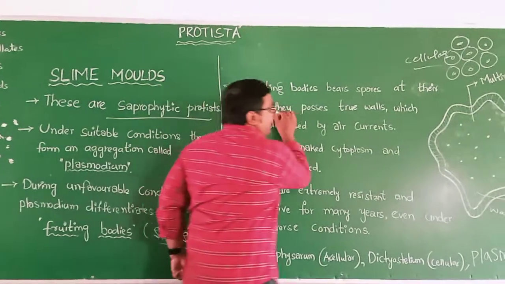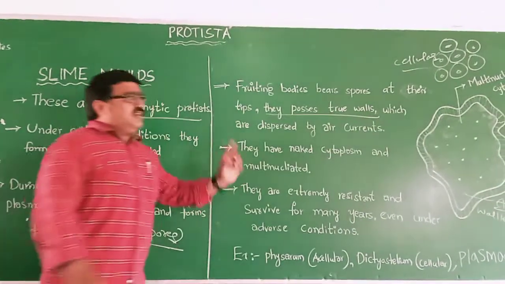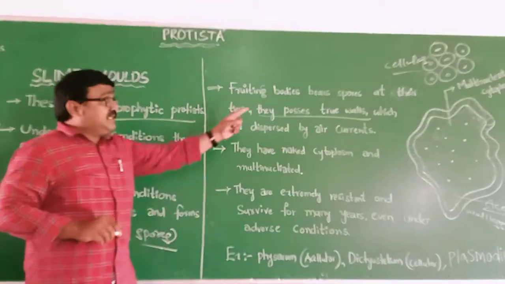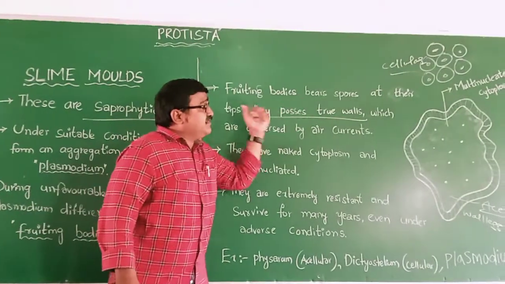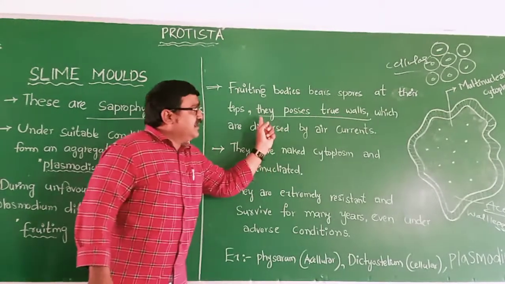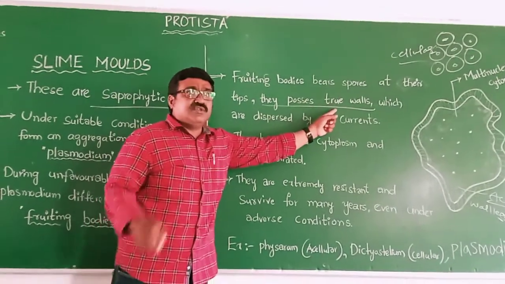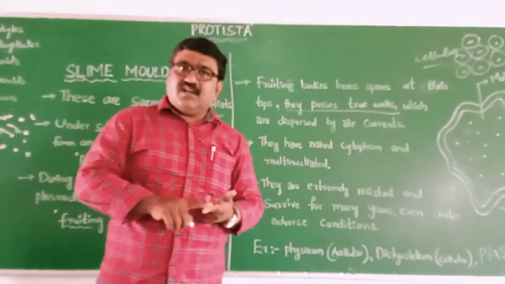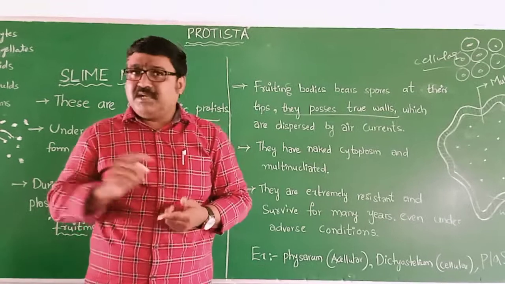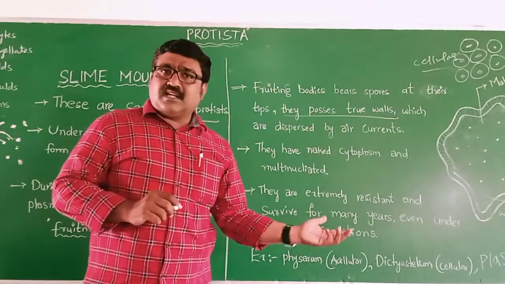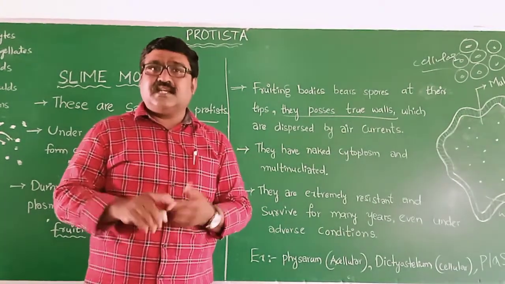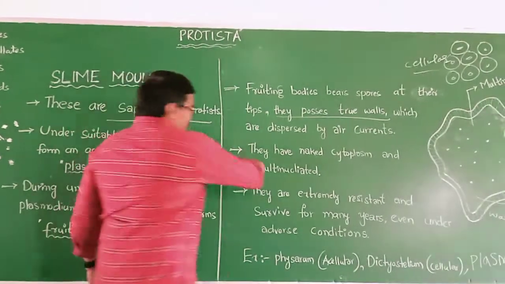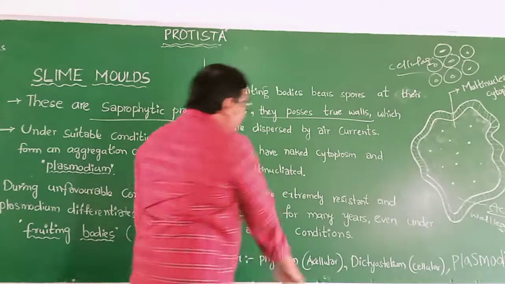This is very important: almost all cellular and acellular structures of slime molds are wall-less, but the fruiting bodies which produce the spores possess true walls. A condition like plasmodium or a group of amoeba cells does not possess a cell wall. They have naked, multinucleated cytoplasm.